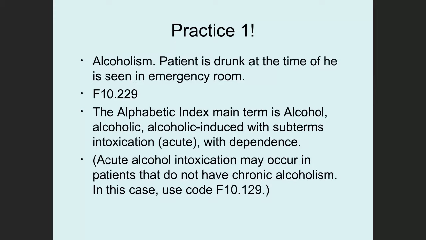The code is F10.229, fifth digit 2 indicates intoxication since the patient was drunk at the time of admission. After the patient is admitted, we will have more information and be able to do abuse, use, dependence, whatever. But right now, all we know is patient is drunk.